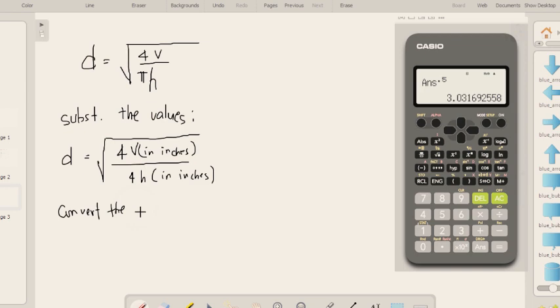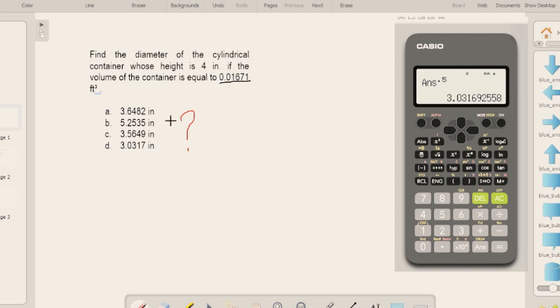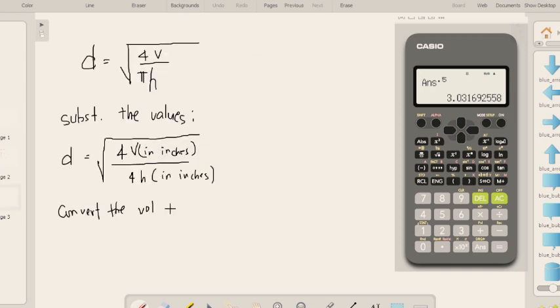So we have to convert the volume, which is in cubic feet, into cubic inches. So let's start. It's 0.01671 cubic feet. Then we have to change that into cubic inches. Remember that 12 inches is equal to 1 foot. So if you are going to convert this volume, it will be 0.01671 cubic feet multiplied by the conversion factor.